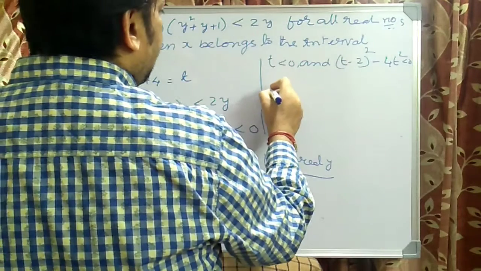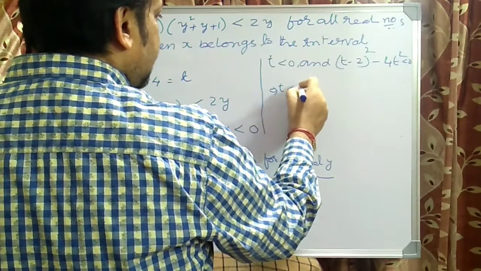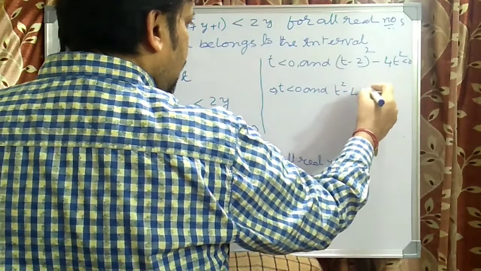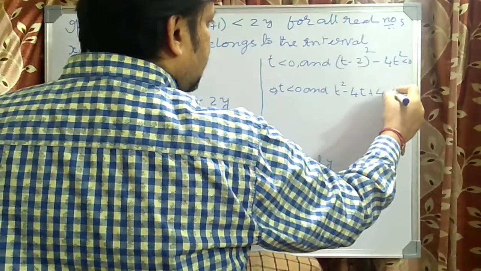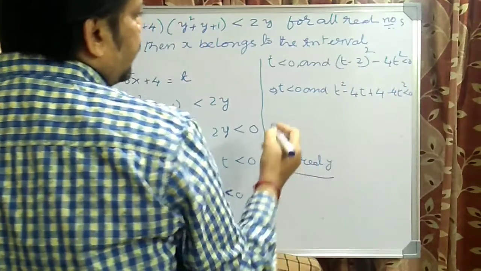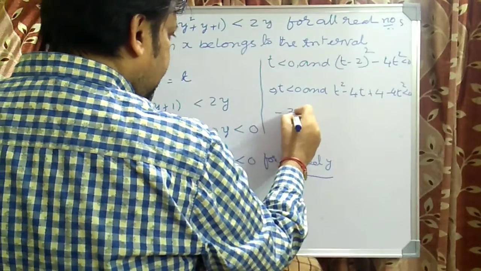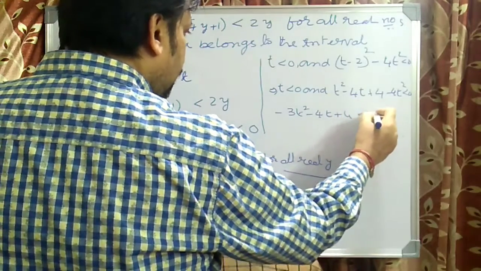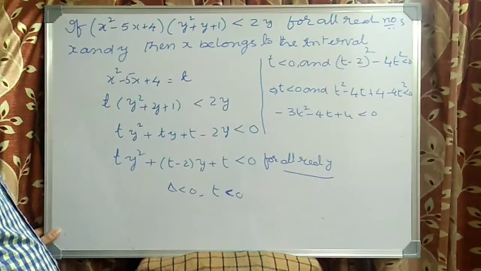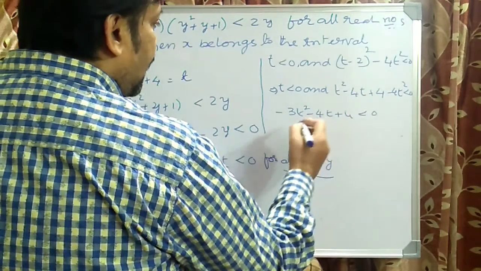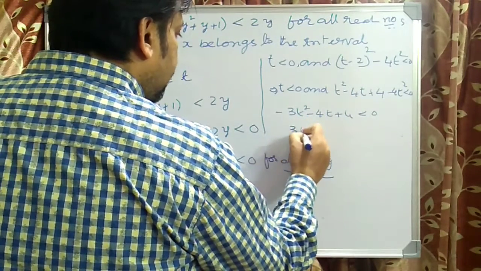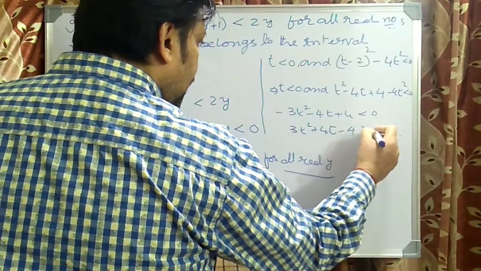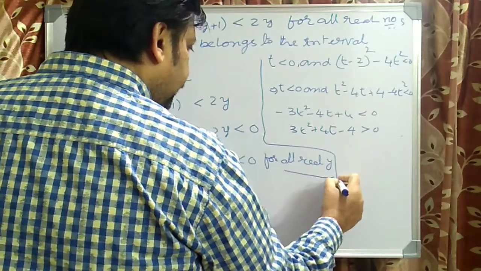Now let us expand this inequality. I have t less than 0 and t square minus 4t plus 4 minus 4t square is less than 0. Simplifying this part, I get minus 3t square minus 4t plus 4 less than 0. Now multiplying with the negative sign, I have 3t square plus 4t minus 4 greater than 0.